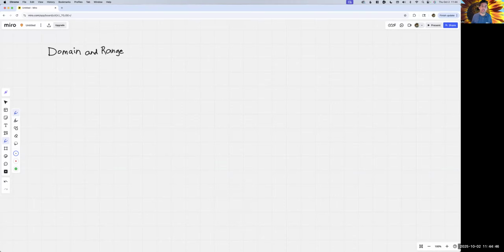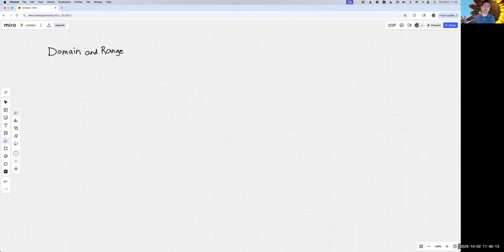But often the domain will be determined, and consequently the range will be determined, by something in the real world, the demand of the real world, right? So let's say you have a function that's describing the pressure that your airplane experiences given an altitude.